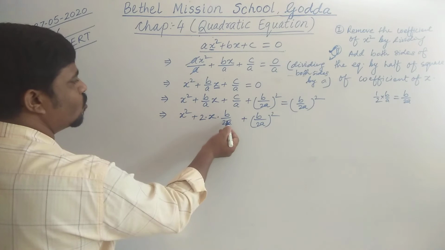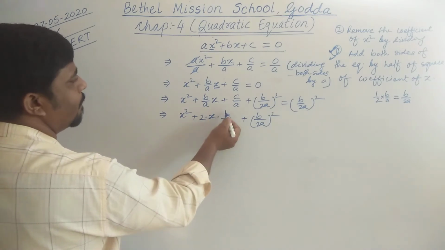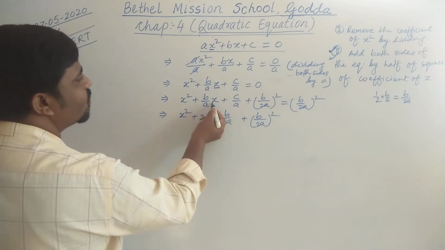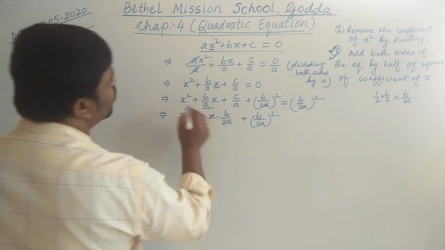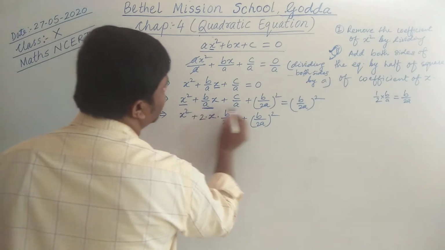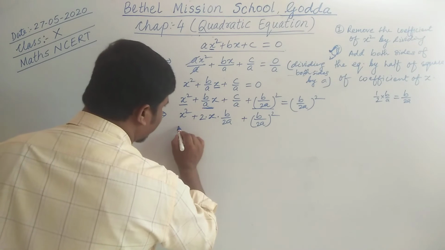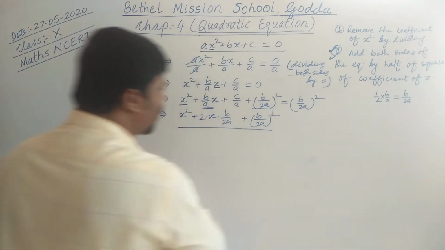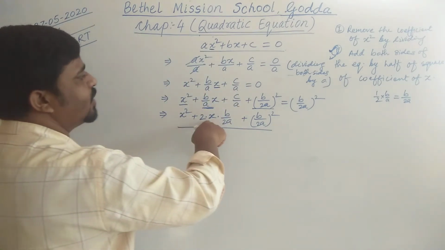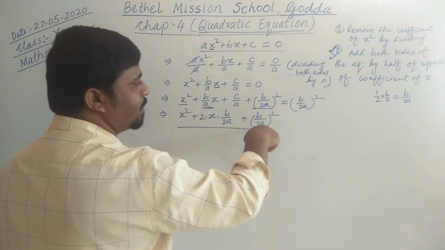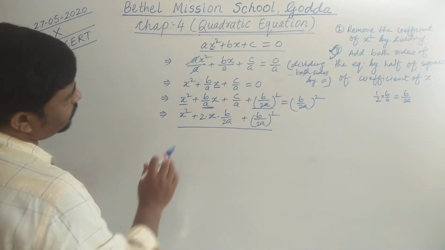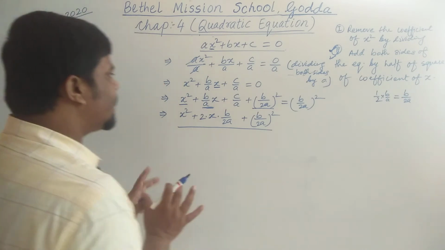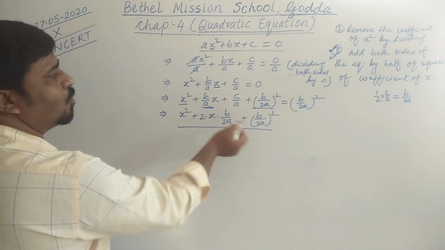So when 2 goes, then what is left? B by a into x. So it is remaining. So this can be written in the form x square plus 2 into x into b by 2a plus b by 2a whole square. And this is the identity a plus b whole square.